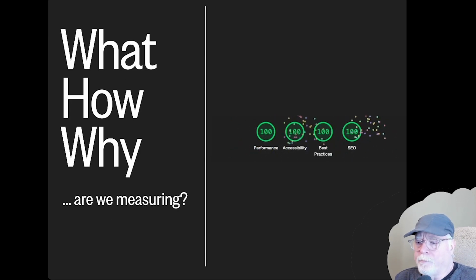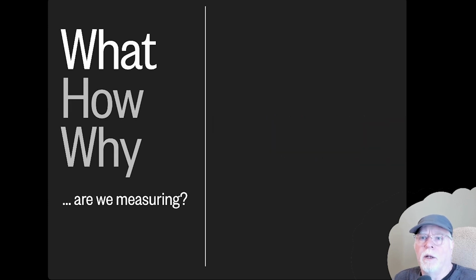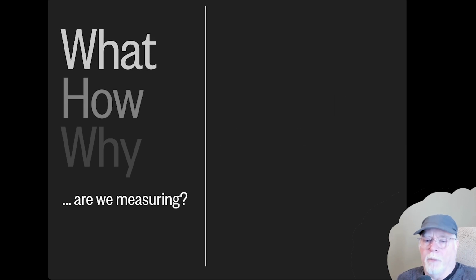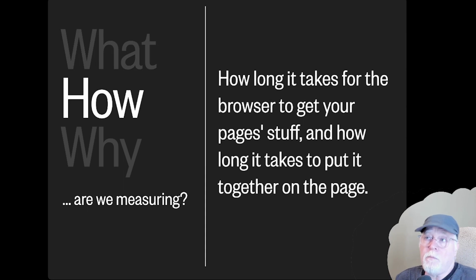So what are we measuring? We're measuring the perceived experience, the perceived UX during the page loading and the first interactivity. And how are we measuring that? We're looking at timelines and times it takes for the browser to get all the stuff and put it all together. The recipe of the HTML document, the ingredients and the methods that's going to bake that page for the user.